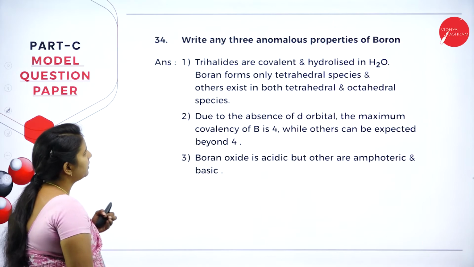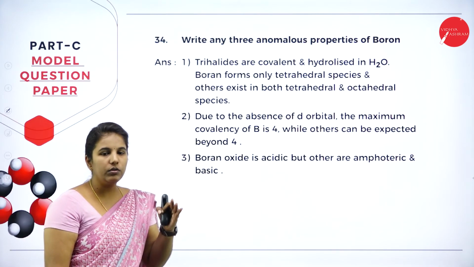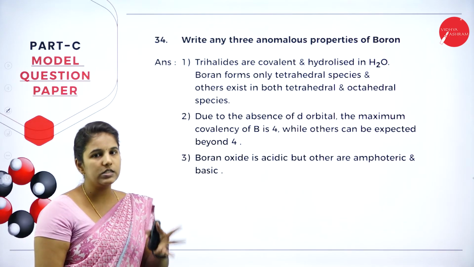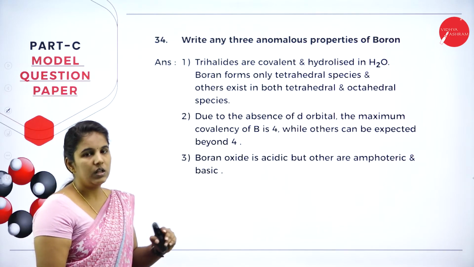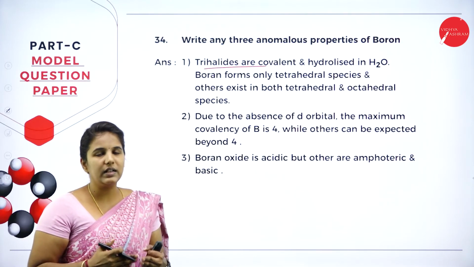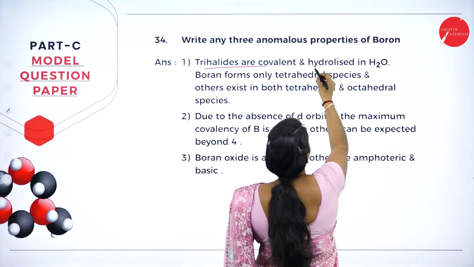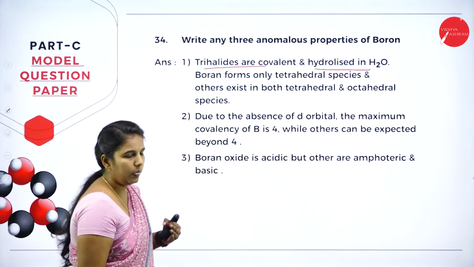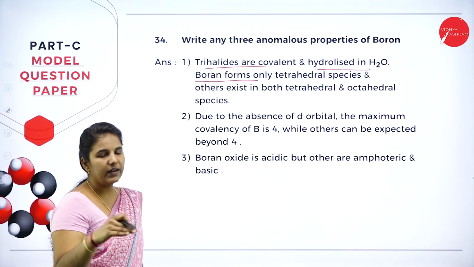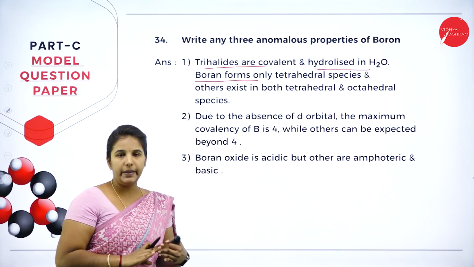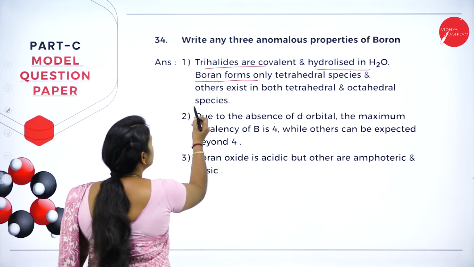Next, write any 3 anomalous properties of boron. For this question, you need to write 3 anomalous properties of boron. We know that boron trihalide is covalent in nature and can be easily hydrolyzed in water, and boron can form tetrahedral species, whereas the other elements of this p block form tetrahedral as well as octahedral species.